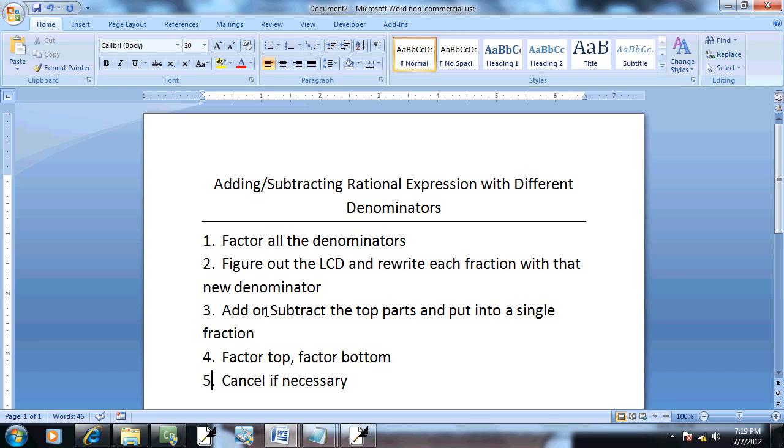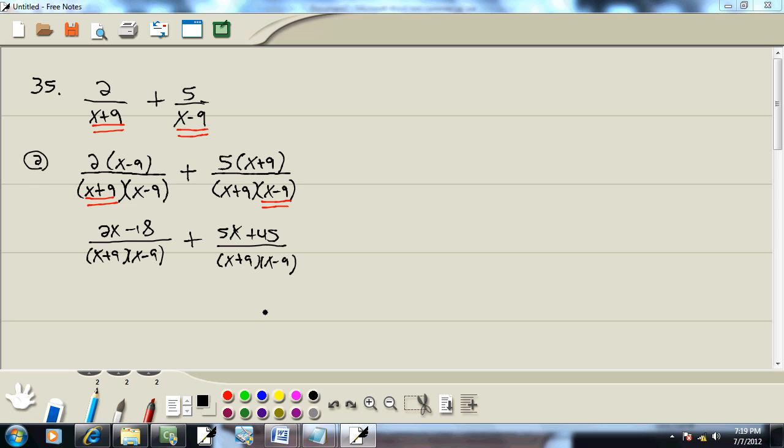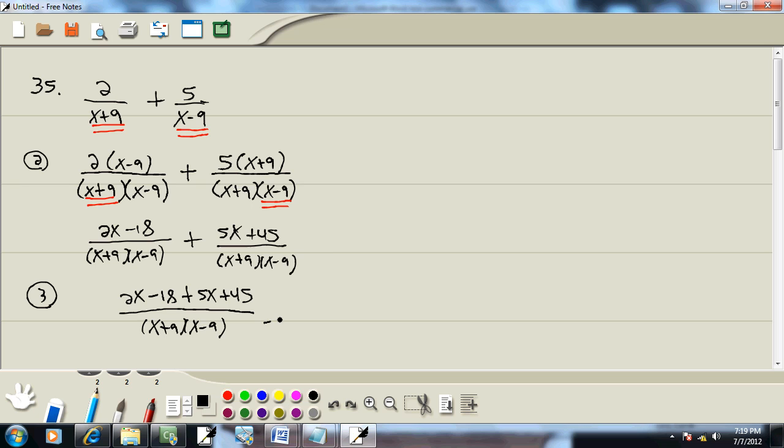Okay, what step are we on? Step 3. Add or subtract the top parts and put into a single fraction. Well, I'm going to have 2x minus 18 plus 5x plus 45 over x plus 9, x minus 9.